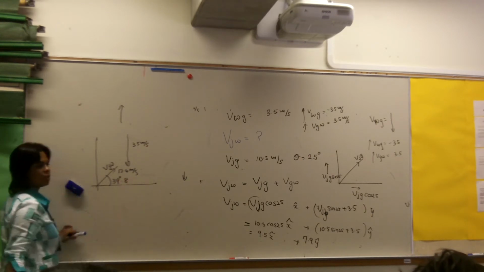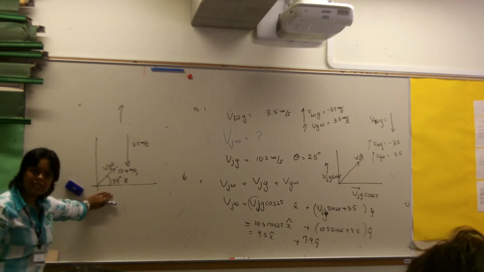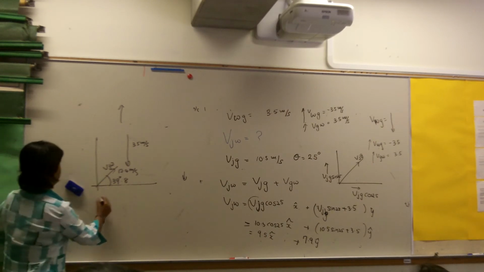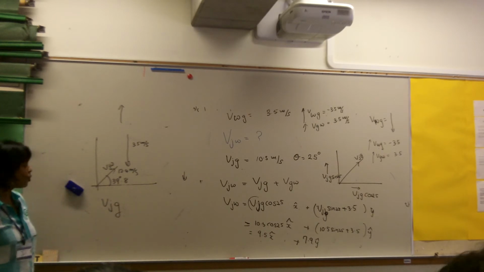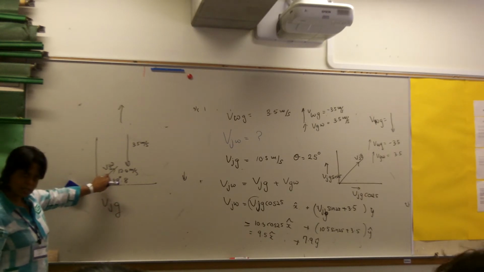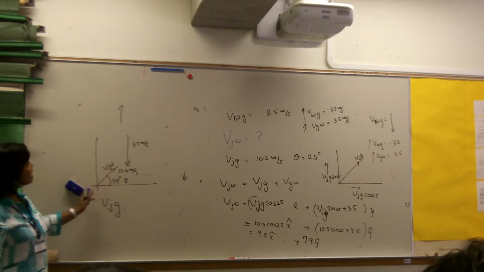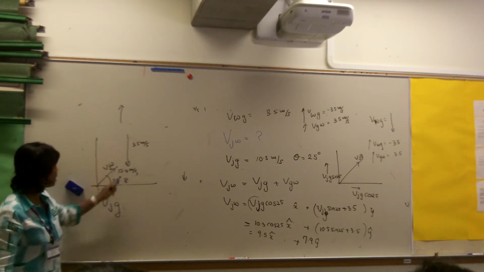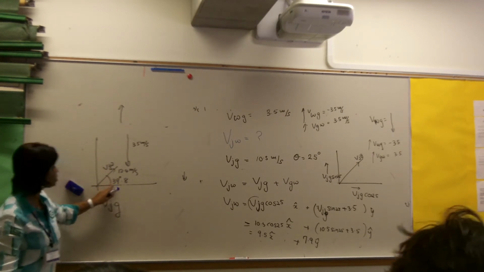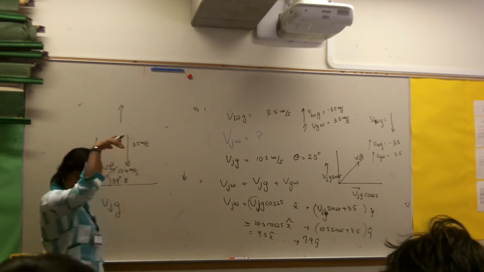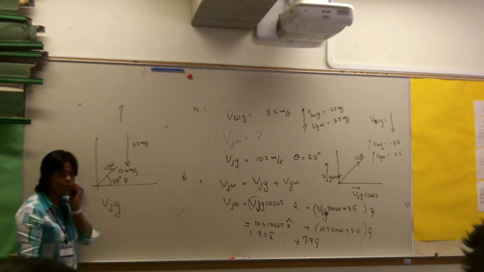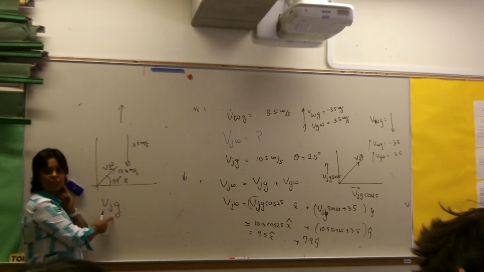Okay, let's say. In this case, can you calculate VJG? If the jet ski is heading upstream at 39.8 degrees, where the water flows 3.5 going down, therefore, what is VJG?